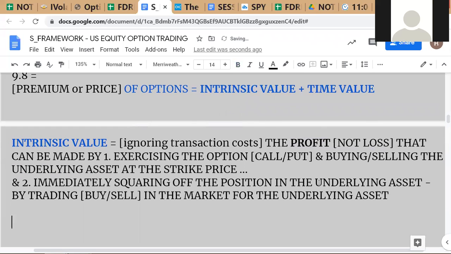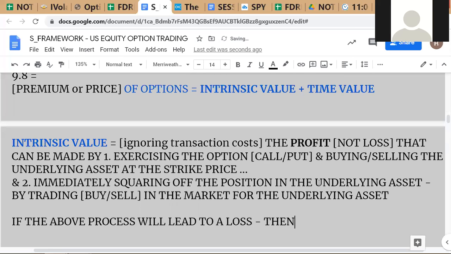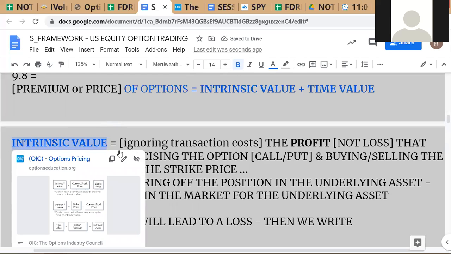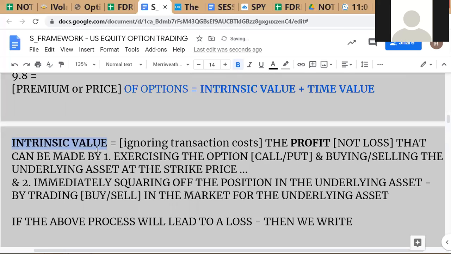Let's put this here. If the above process will lead to a loss, then we, let's put it this way. Maybe at this point we don't have to put this.